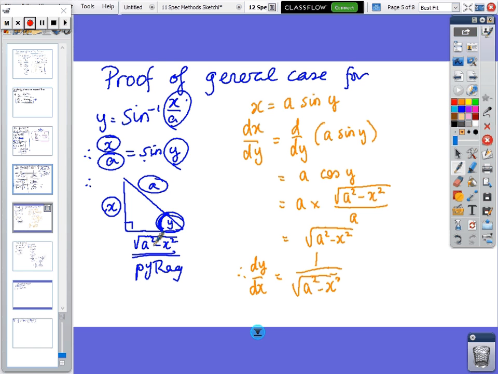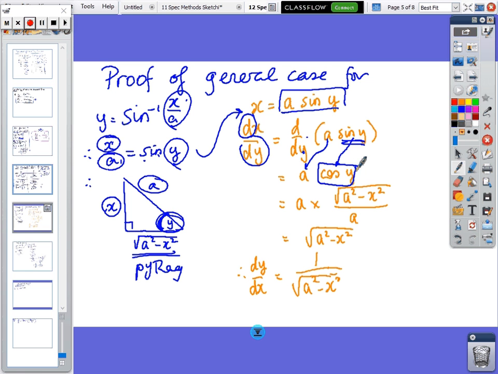Okay, so now what we do is come back up to here. So x on a equals sine y, so if I take a across, I have a sine y. So the derivative d dy of x equals d dy of that, and a is just a constant, and sine y, when you take the derivative with respect to y, turns into cos y.